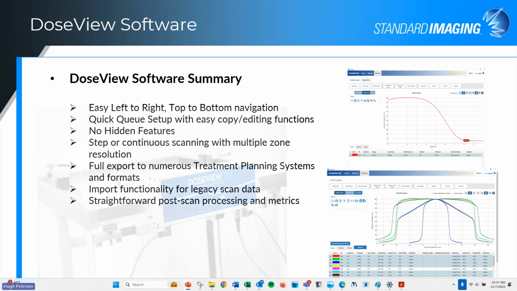Export to the treatment planning systems in different formats. The import functionality for legacy scan data, if you have an older PTW or IBA scanner. And very straightforward post-scan processing and metrics. The nice thing about our system is that the raw data you get out of it is very good, so very little post-scan processing is necessary.